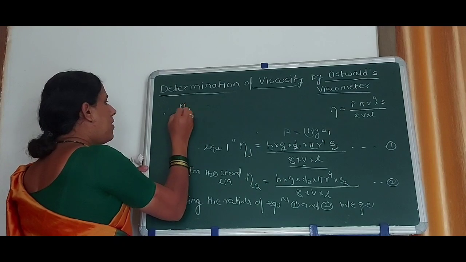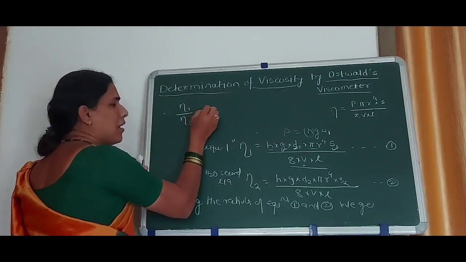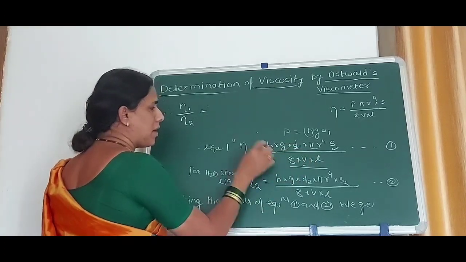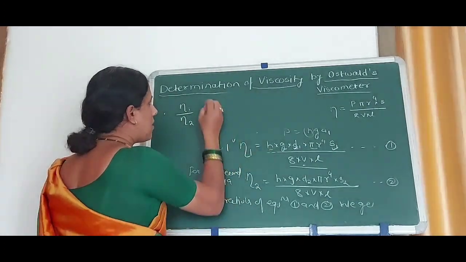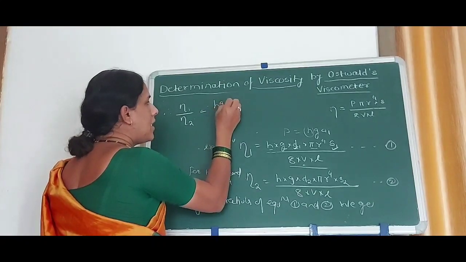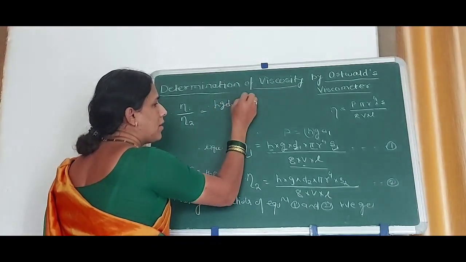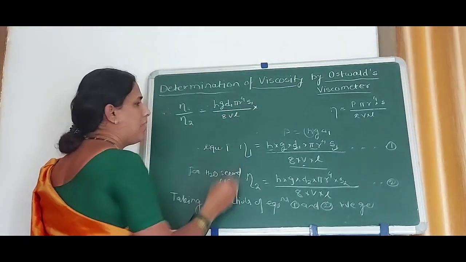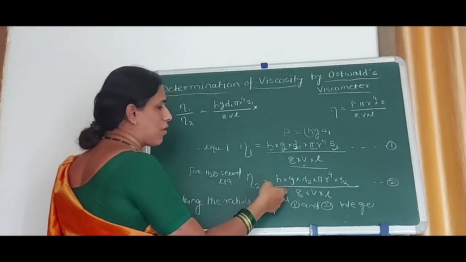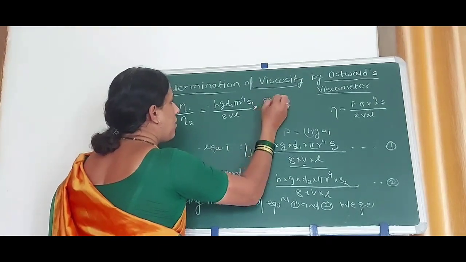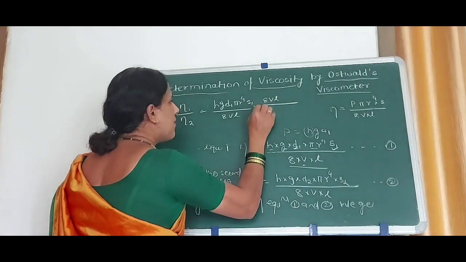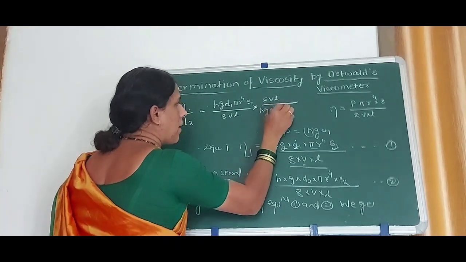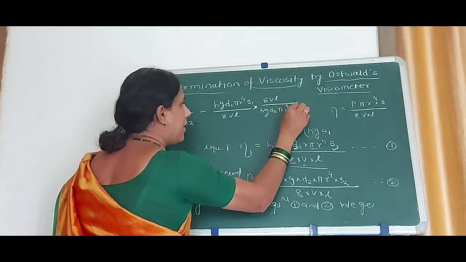Therefore eta 1 upon eta 2 is equal to H G D1 pi R to the 4 S1 upon 8 into V into L. Division means cross multiplication, that is equal to 8 into V into L divided by H G D2 pi R to the 4 and S2.